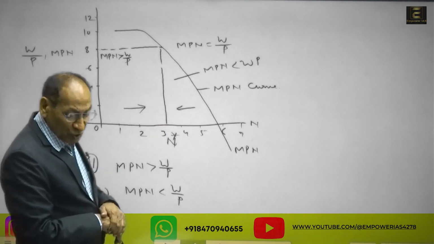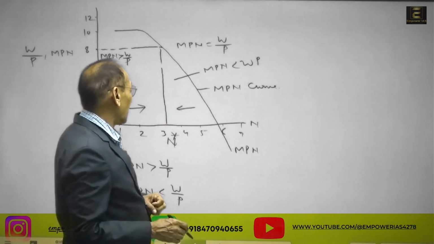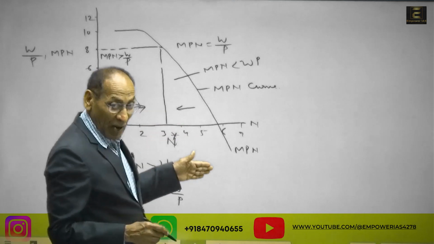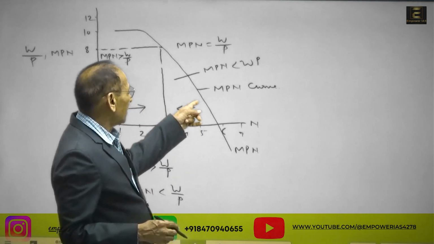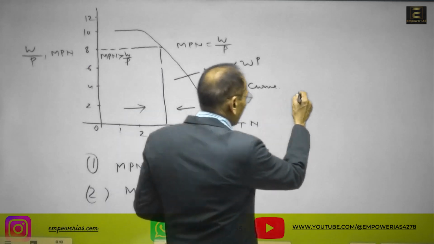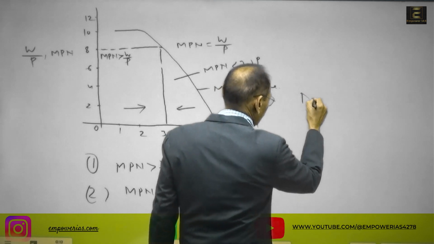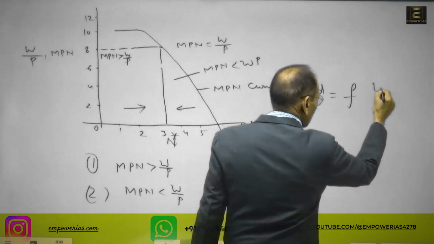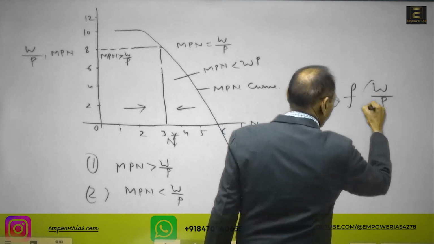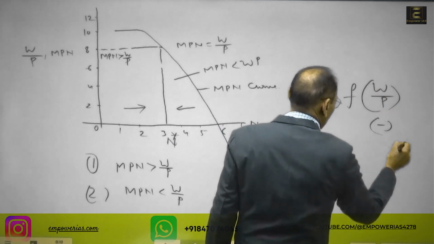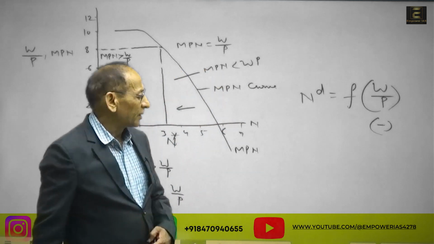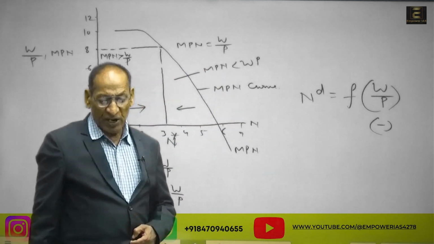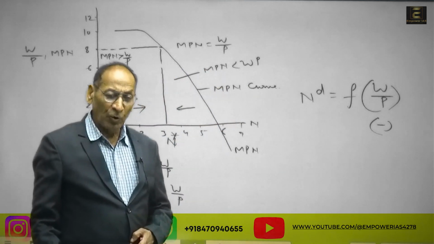By this process, the firm derives the demand curve, and demand for labor is a function of W by P. There is an inverse relation between real wage rate and demand for labor.